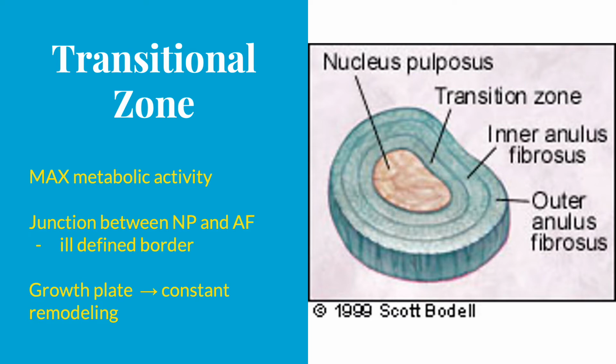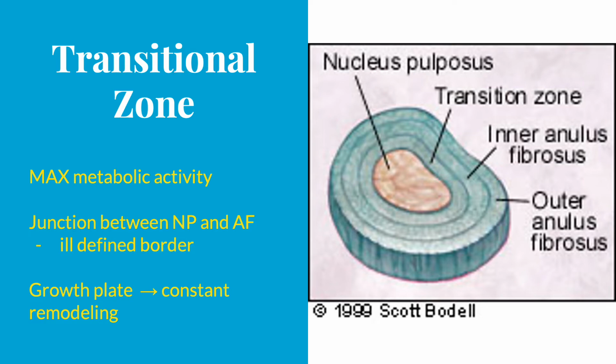All right, so we've talked about all of the major players, and then we have this transitional zone between the nucleus and the annulus. In the disc itself, that's going to be the area of maximum metabolic activity. The junction between the nucleus and the annulus is not a clean-cut border.